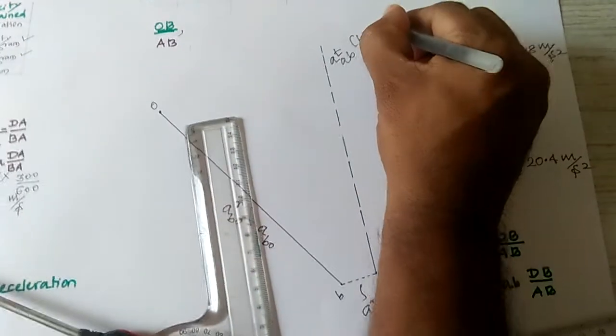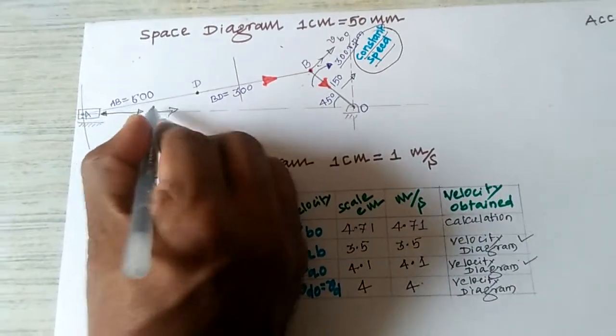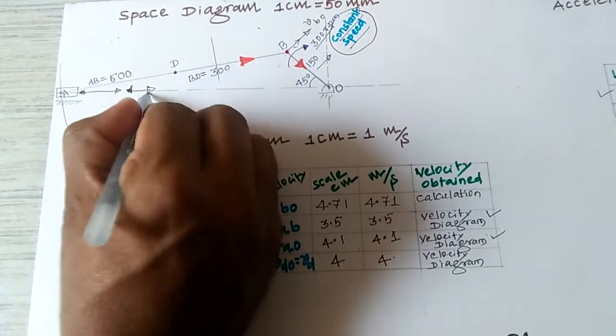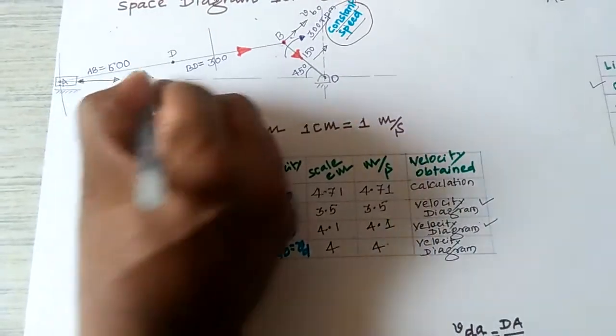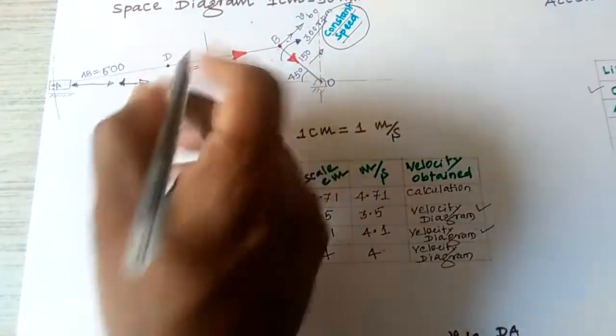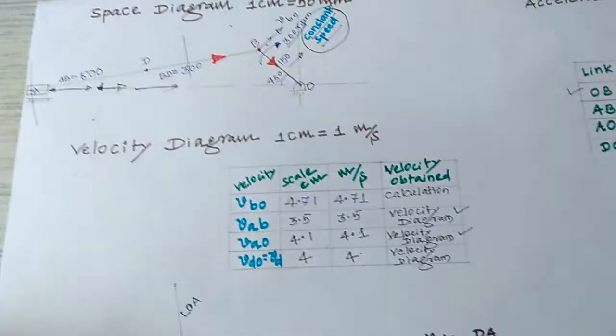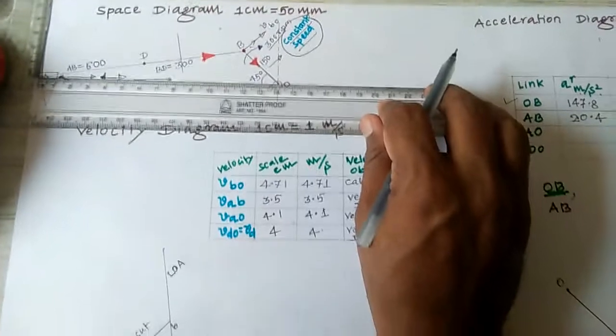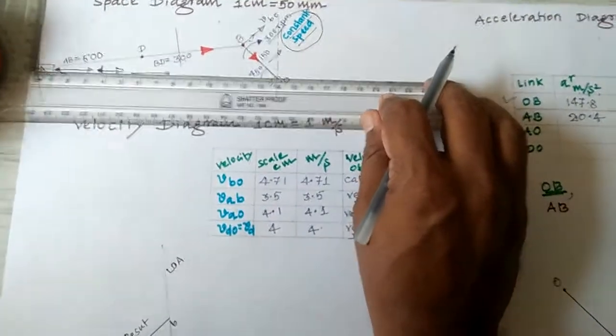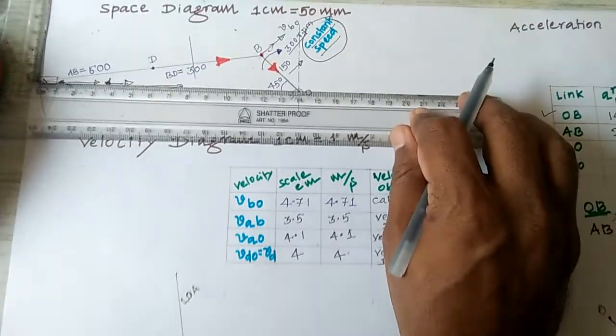Then I have to come to the slider. Look at the slider. It has only one direction, that is sliding. The total acceleration is along the straight line only. You have to take this with respect to O, along the straight line, making alignment with OA.